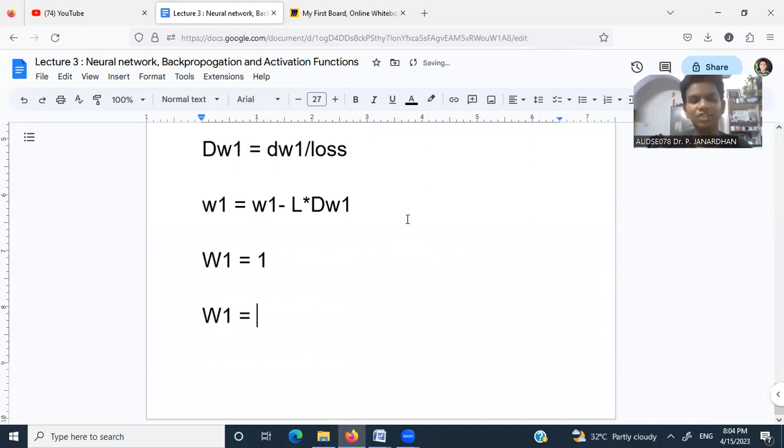So the correct value is 2, and the predicted w1 is 1. This learning rate defines how fast we should reach 2 from 1.